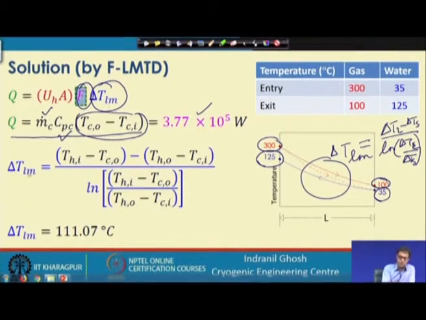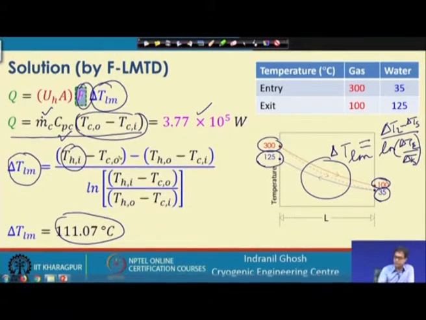We also know the delta T log mean, and we can easily find it out to be 111.7 degree Celsius. This is THI, that is 300, TCO is 125, THO, the hot outlet, is 100, and TCI is 35 degree centigrade.